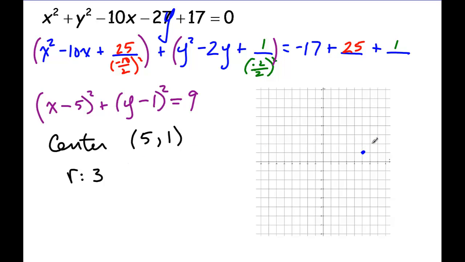And then we have a radius of 3. So count out 3 in each direction and put a point. Like so. And then, of course, we draw our circle. And make it as round as you can, etc. Okay? And there we go.